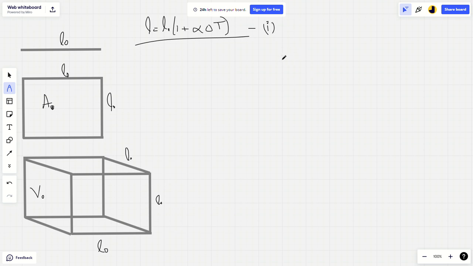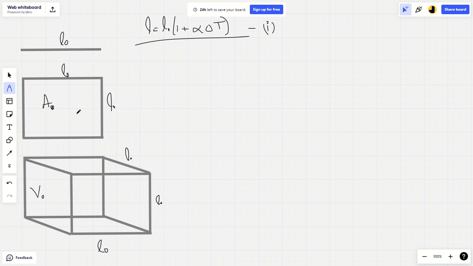For the second one, we need to work with superficial expansion because it is a square. It has length and breadth, but in this case both are equal, so we're going to consider both of them to be length, and each side is equal to the length of this rod, which is also L0.